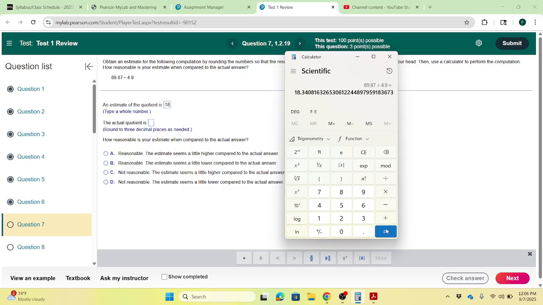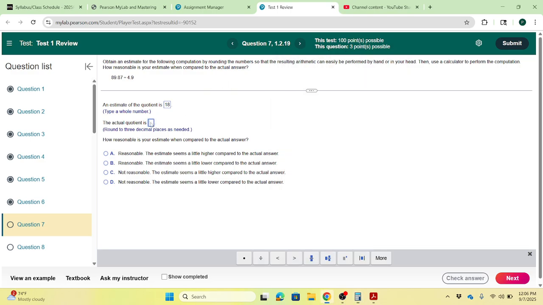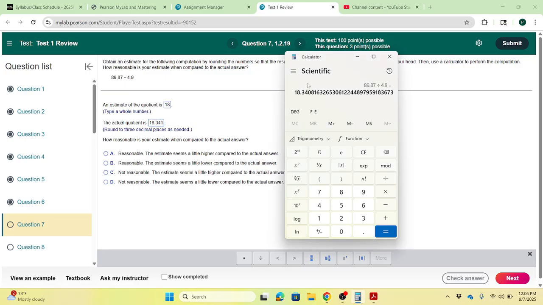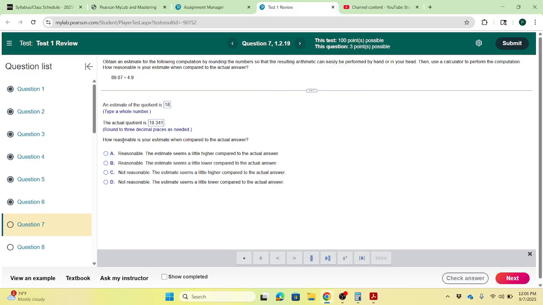To 3 decimal places, it's 18.341, because after 0 there is an 8. One more time, let's check. It's 18.34, and then there is a 0, but after 0 there is an 8, so you have to round it to the next number. And as you can see here, this is very close to 18.